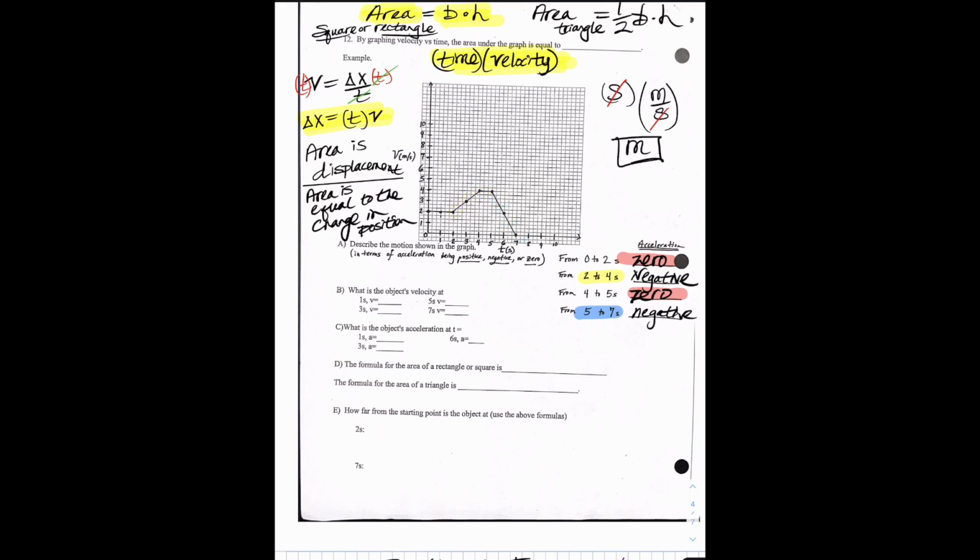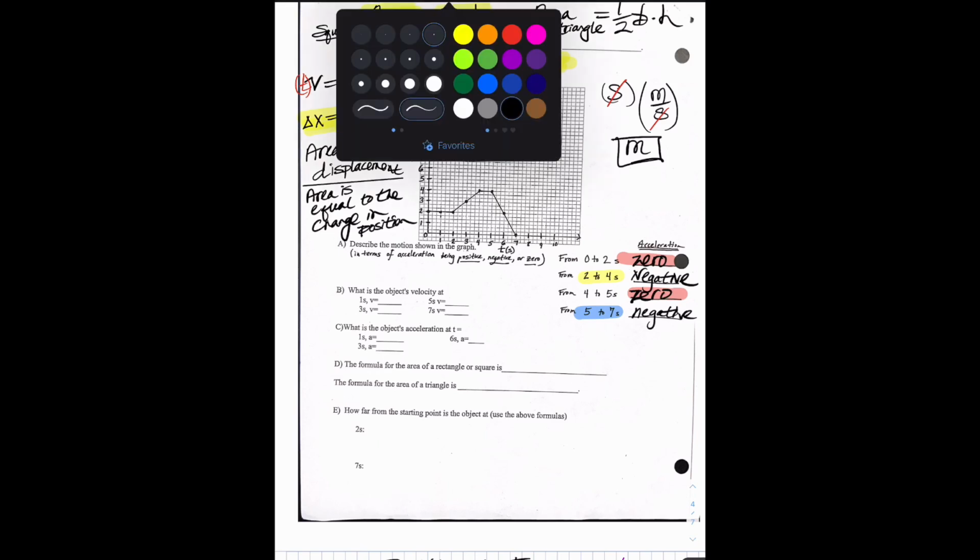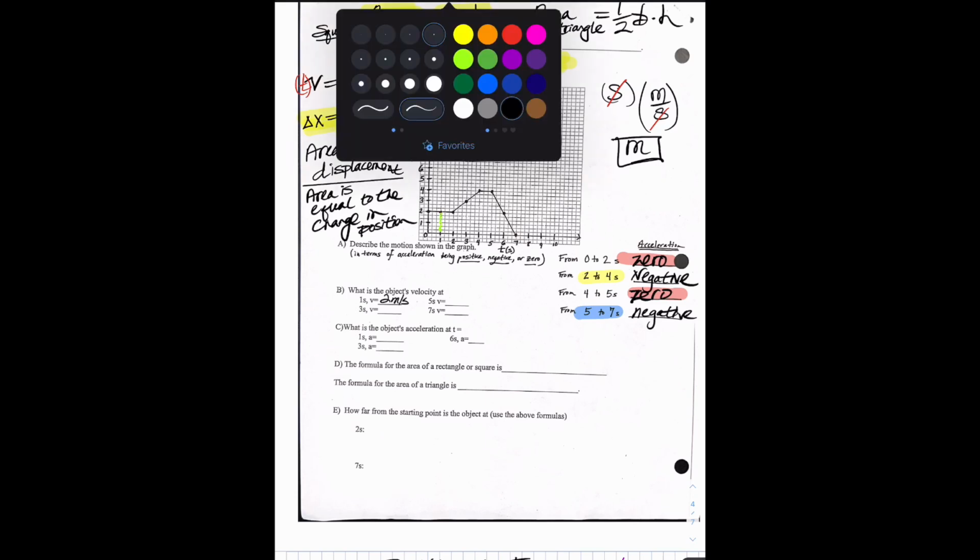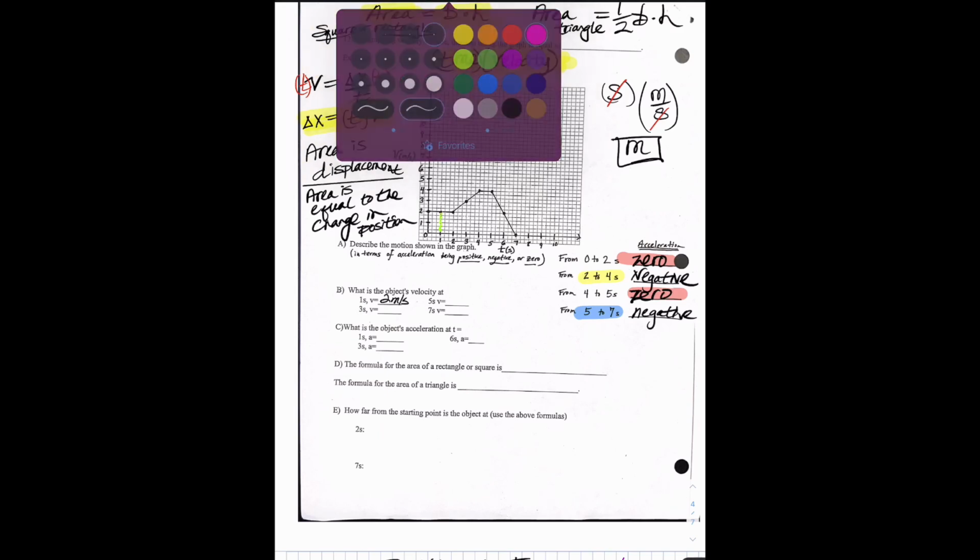At 1 second, let me grab another color, this bright green, it's going to be equal to 2. So that's where the line is. Let's go ahead and write that in. It's very simple. Don't forget your units. At 3 seconds, let's go pink. It's right here, which is at 3 meters per second.